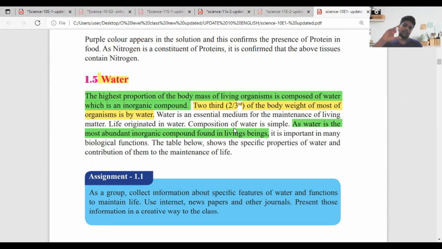Daru, let's write down only the important points.